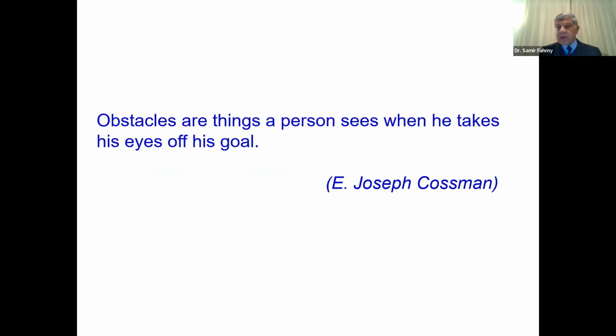Obstacles are things a person sees when he takes his eyes off his goal. So if you set the goal, then you work toward this goal over the year, and on a regular basis you look at the level of success and the level of deviation, positive or negative, to make sure you are applying something that will help you achieve the final goal, or the end-of-year goal.